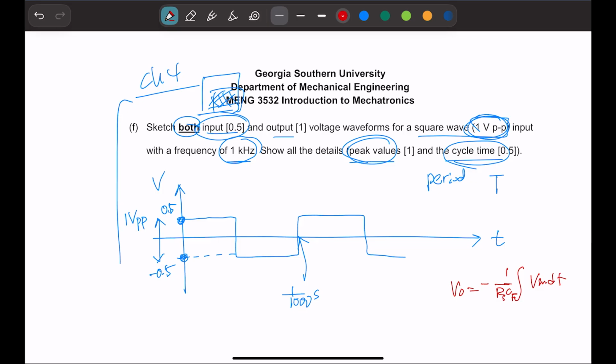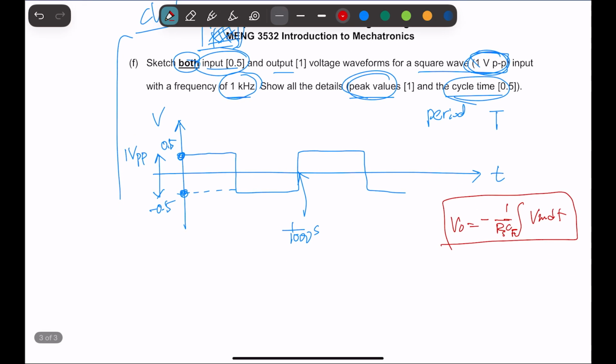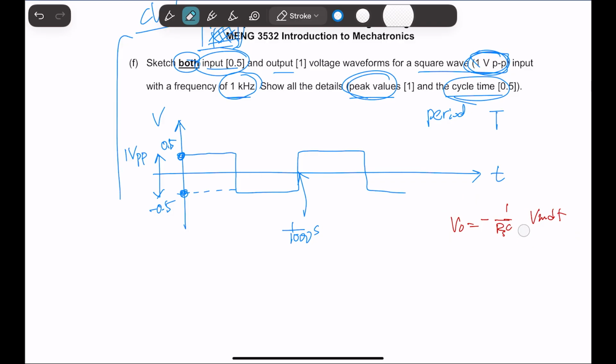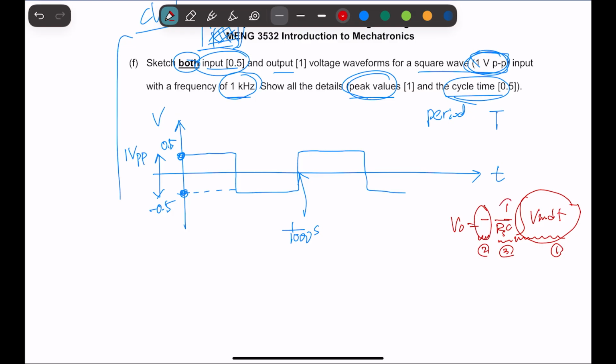That's what we have. We need to solve this one. We tried this thing in class. This is step number 1, and this is another step. So we are integrating, we're flipping it over, we're multiplying this value. That's what we tried.